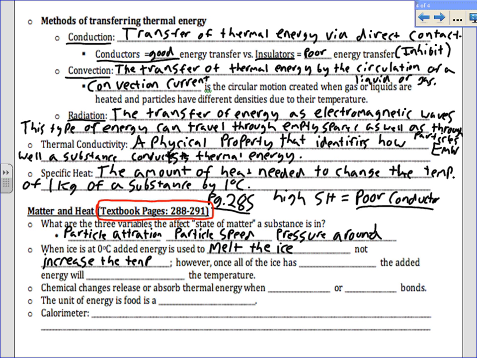However, once all the ice has melted, the added energy will increase the temperature. And a great visual for this is figure 3 on page 289. And you can see that.